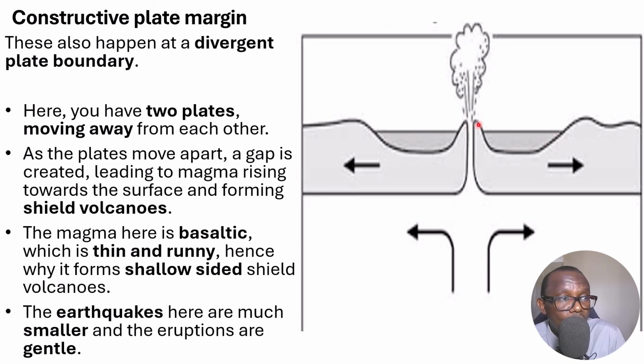And that is why we call them shield volcanoes, because they are not as steep-sided as the composite volcanoes that we saw at a destructive plate boundary. So at a constructive plate boundary, we will normally have shield volcanoes, and we will also get earthquakes because of that earth movement or plate movement.